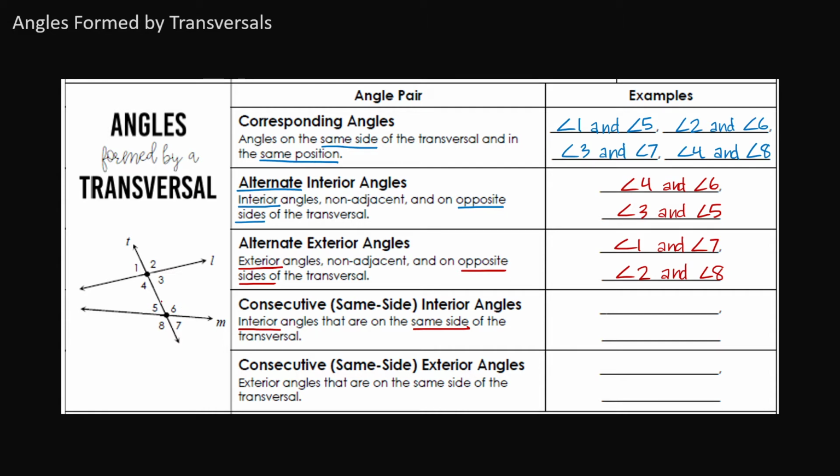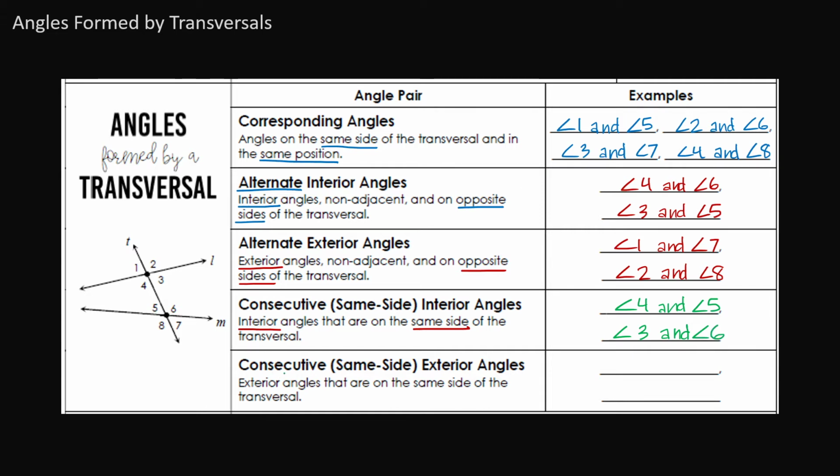And I want to find the pairs that are on the same side of line T. So 4 and 5 are on the same side, and they're inside the intersected lines. So angles 4 and 5. Let me switch up my colors again. And then on the other side would be angles 3 and 6. These are same side interior angles.